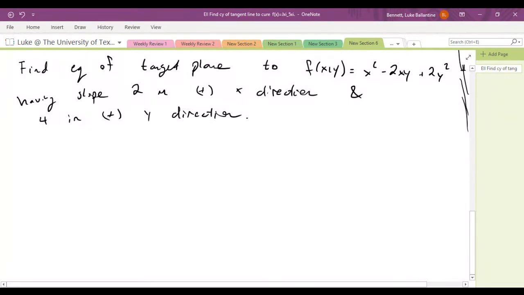Equation of the tangent plane having slope 2 in the x direction.